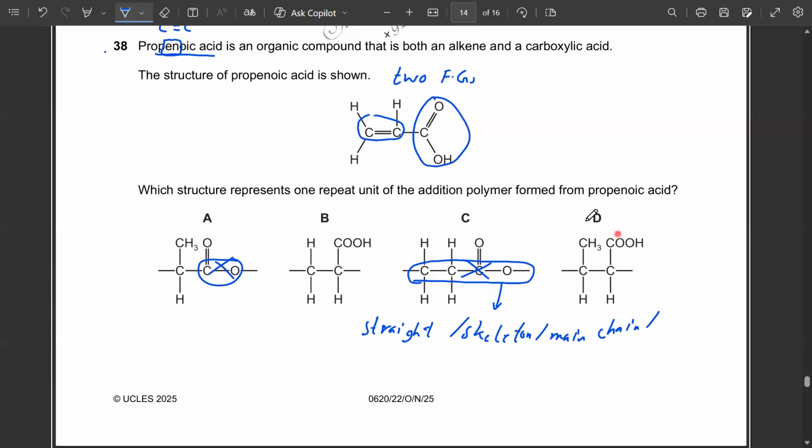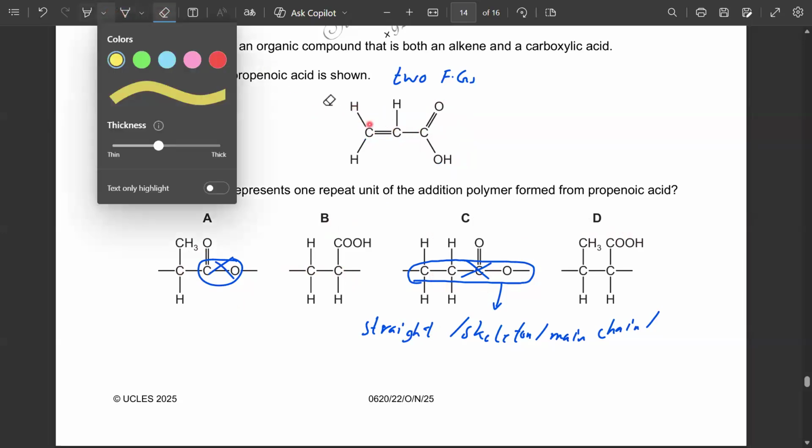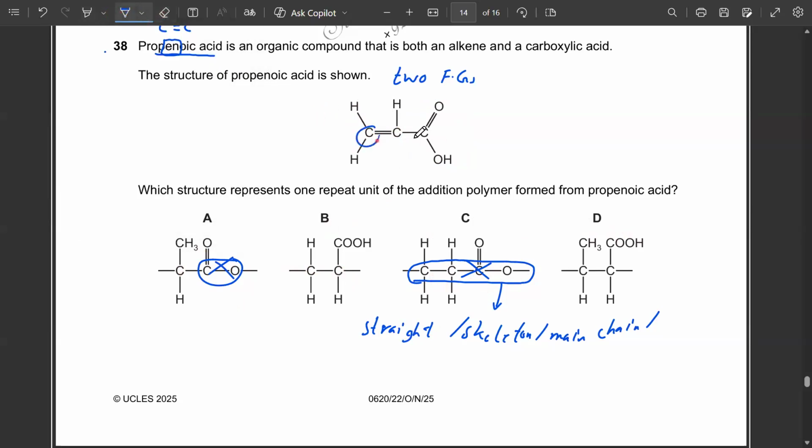B and D seem somewhat similar, but there's a problem. In the actual monomer, we have just 3 carbon atoms. In option D, we have 4 carbon atoms, and there is no CH3 present in this structure. So B is the correct option because we have 3 carbon atoms, and COOH is the side group.